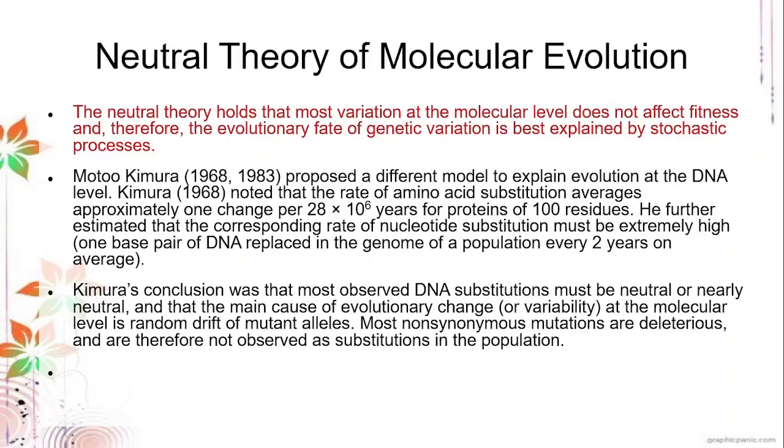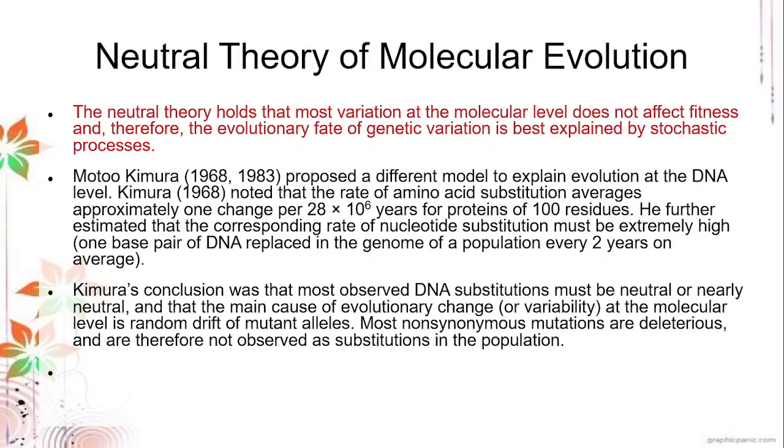This is because it's not always the case that there is a positive or negative selection. Sometimes it's neither positive nor negative. That's actually where the neutral theory comes from. And because it's neutral, you can have stochastic models to explain it.